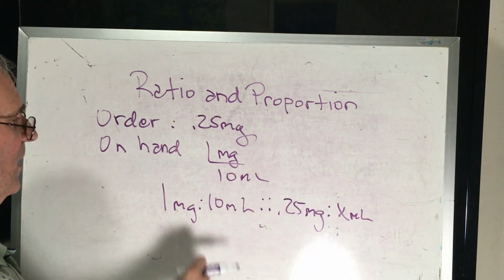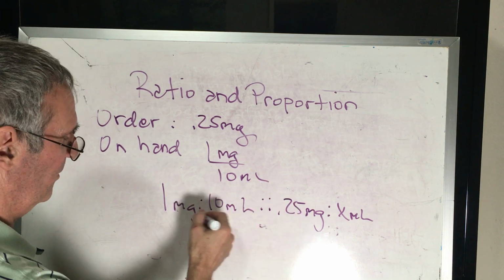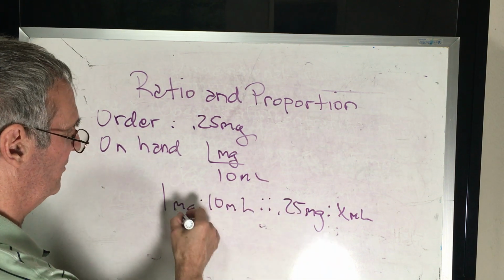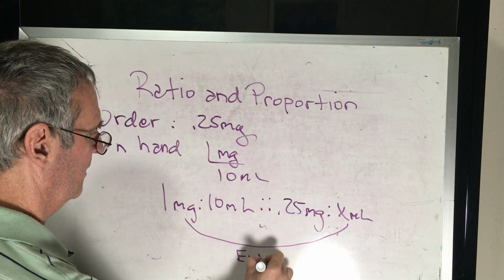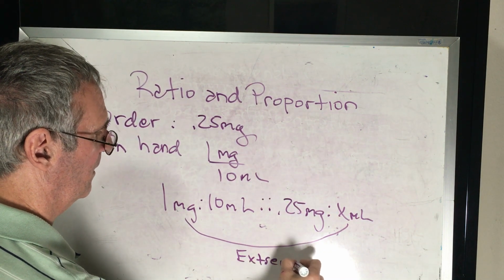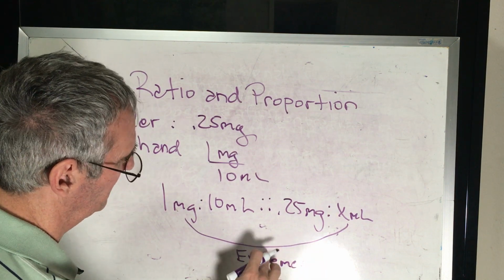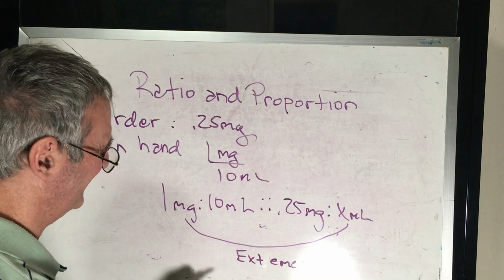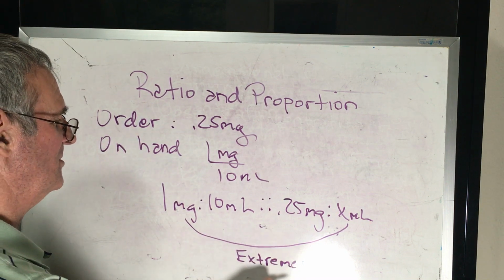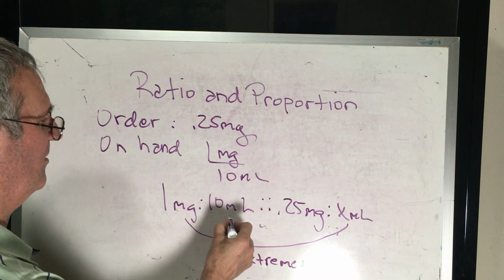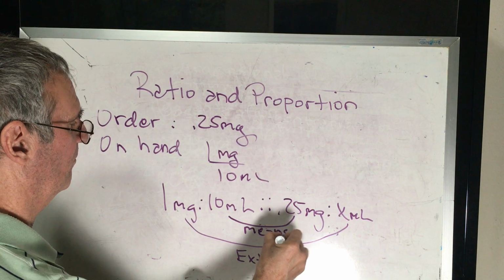So what I'm going to do is take the means and the extremes. These two outer numbers are called the extremes. Extremes, and multiply them by the means, which are these two middle numbers. Okay?